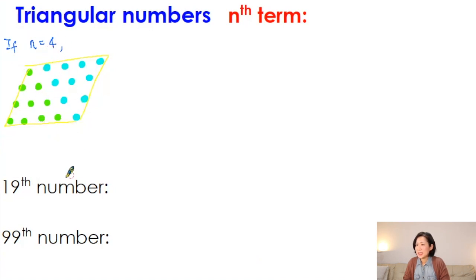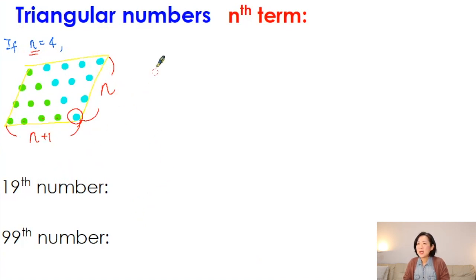Let's consider that one circle is one unit square. Then the area of the parallelogram is the same as the number of circles, right? Your height is 4 rows, that's n, right? And your base is 1, 2, 3, 4 plus 1. So this is n plus 1.